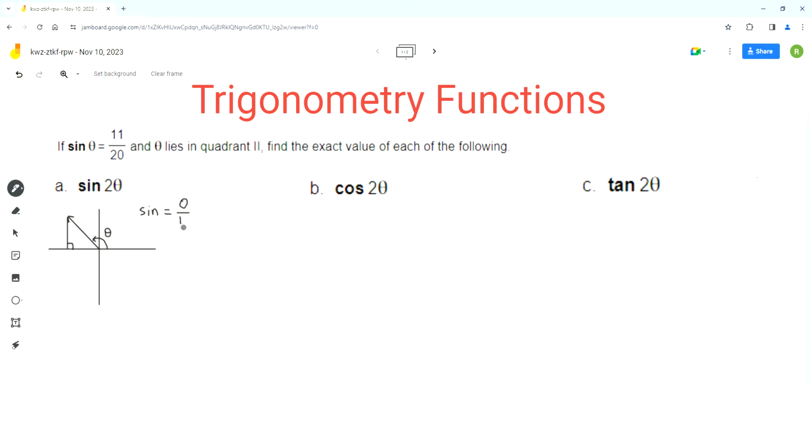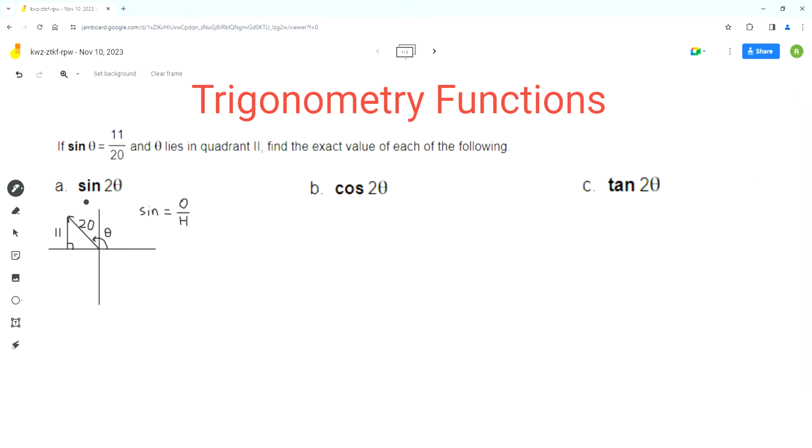This is the formula as per SOHCAHTOA. In this case, the opposite side length is 11 units, which is this vertical side in this triangle, and the hypotenuse is this longest side, the side opposite to the right angle, and this is 20 units. So this is the given information in the problem.